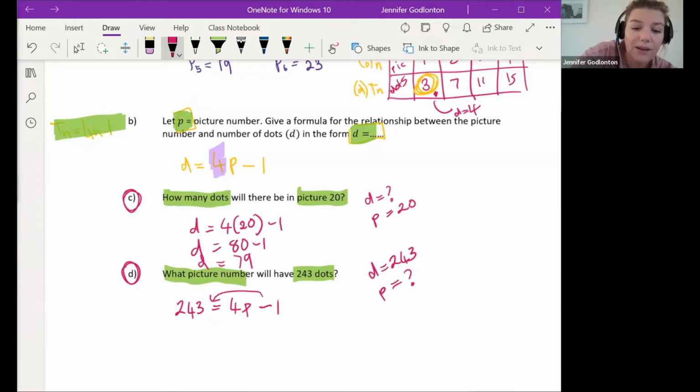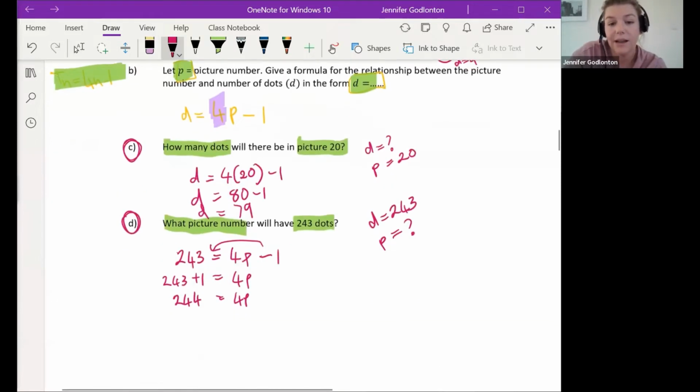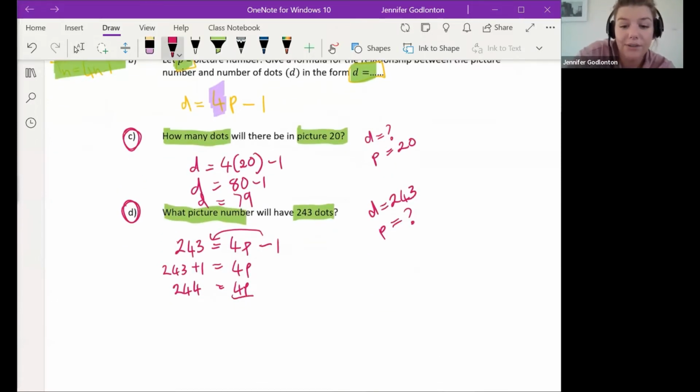So we're going to say we have 243 plus 1 is equal to 4p. So 244 is equal to 4p. And I'm trying to get p alone, so I have to divide that by 4, and I have to divide that by 4, and we'll end up getting 61. And that is our final answer.